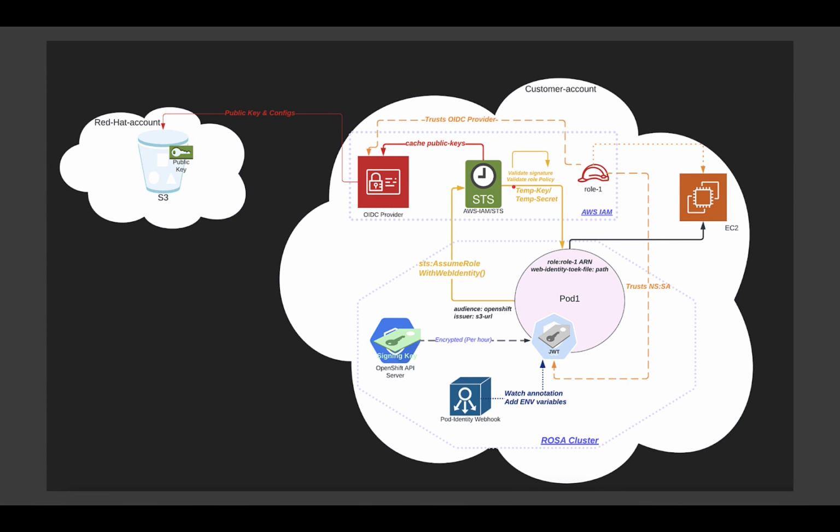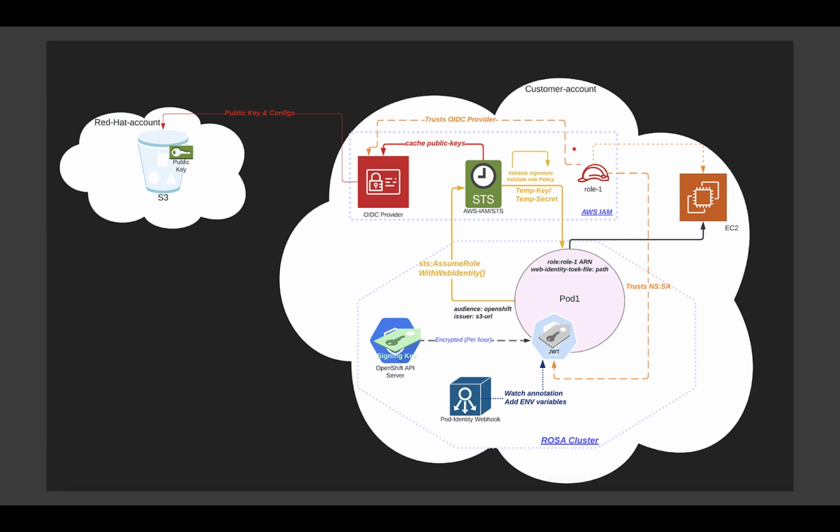Once validation is complete and successful, IAM then checks if the requested role has a trust relationship that allows the specific subject, that's a namespace plus service account, to assume this role.